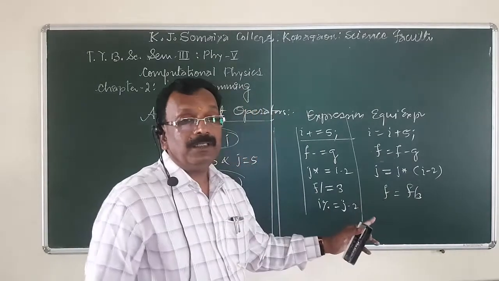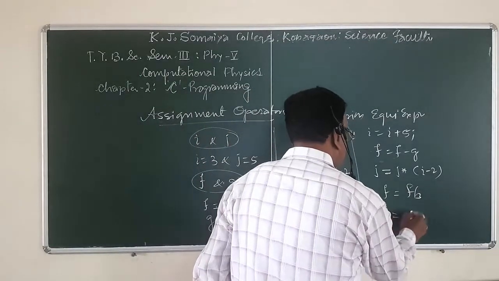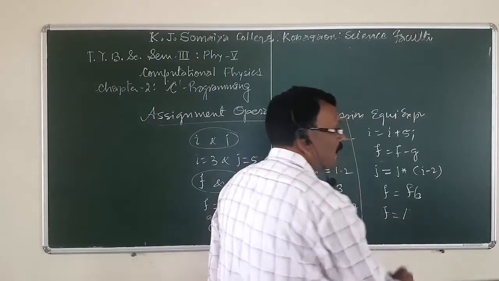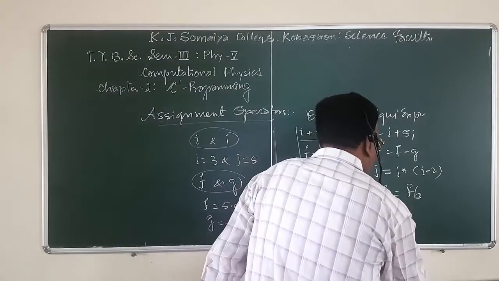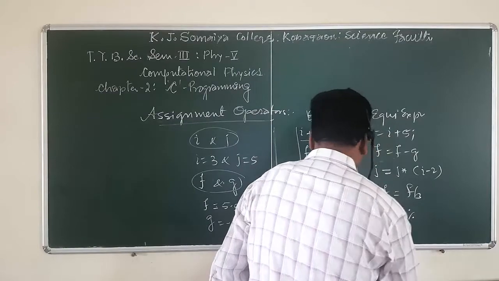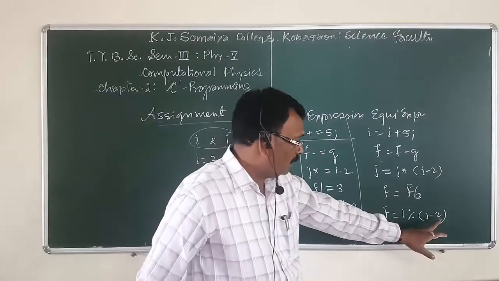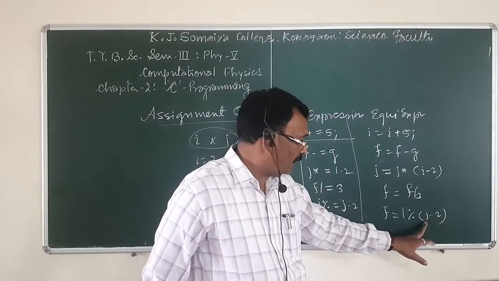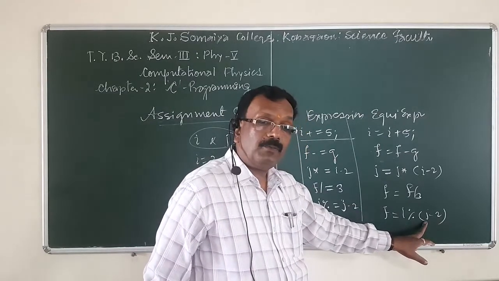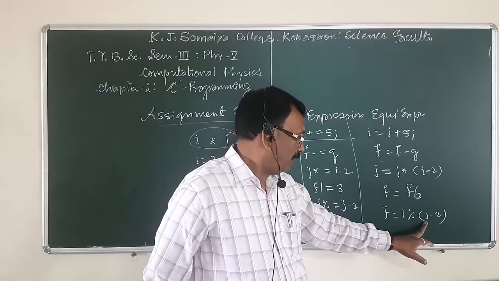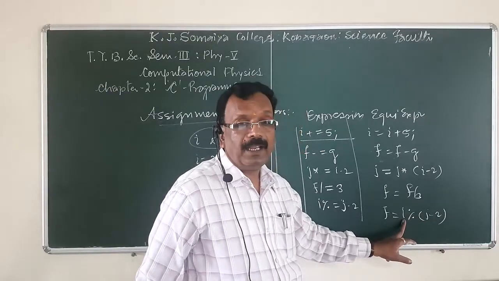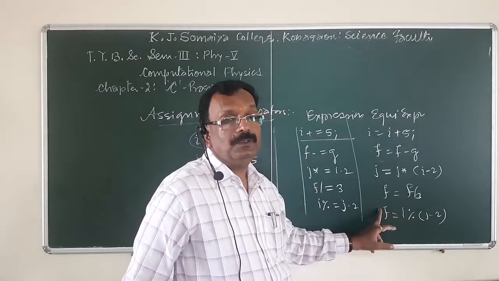And the last one is very simple, i is equal to i modulus j minus 2. Here subtract 2 from the value of j, take the remainder operation with i and assign the result to i.